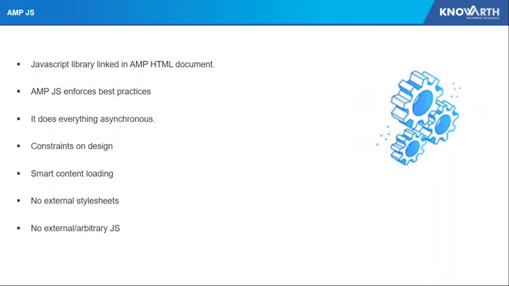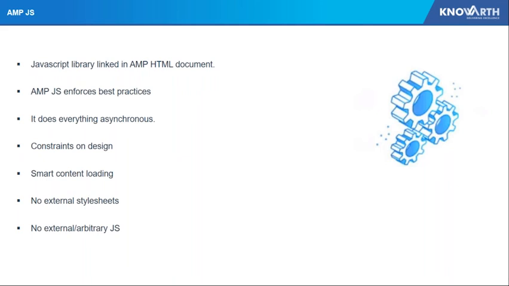Then only a subset of tags and selectors are allowed. And then, as I told, all images have a fixed aspect ratio. So we know beforehand what the responsive layout would look like. This means it reduces the re-layout of your page, as it preloads your page.